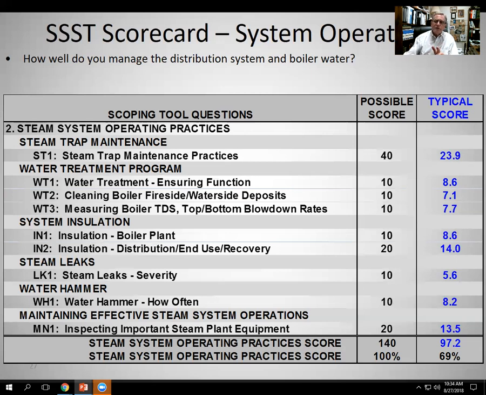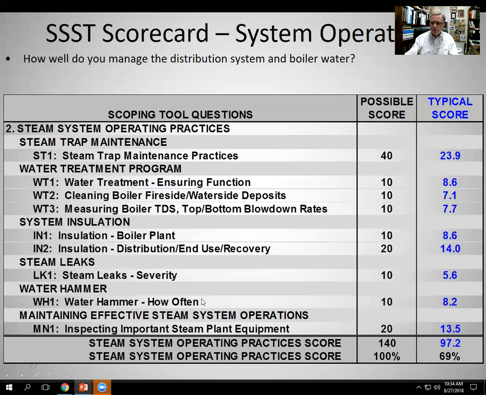But you can just see things like steam trap maintenance, water treatment. How well do you do at controlling the quality of your feed water and your boiler water? Insulation: steam's hot, you need to insulate it for personnel protection and to reduce energy loss. Steam leaks: you go in some plants and there's little puffs of steam coming up all over the place, and you go, wow, don't these guys ever fix a steam leak?